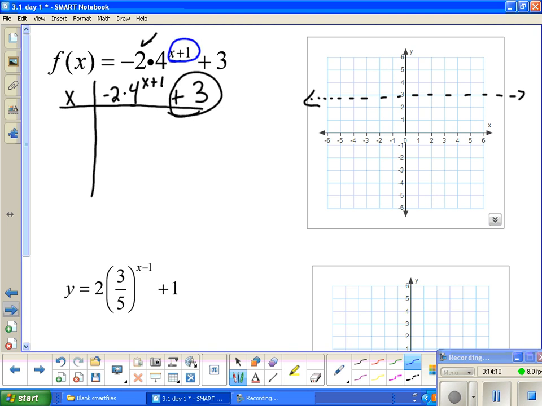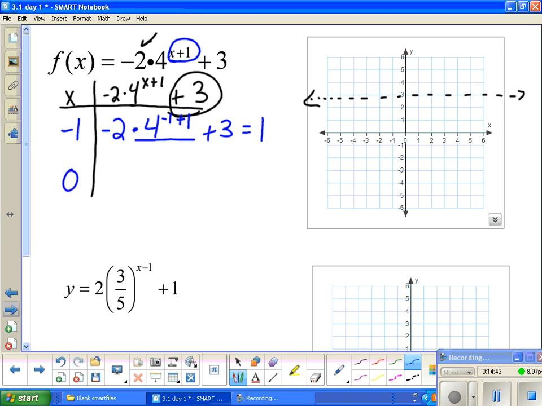I choose -1 because that makes that exponent 0, right? -2 times 4 to the -1 plus 1. 4 to the 0 is 1 times negative, this is 1, times -2 plus 3 is equal to 1. I thought that would be an easier point to choose because it makes that value easy to manipulate.